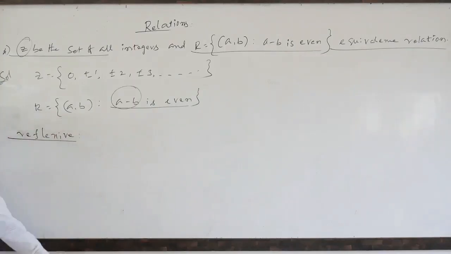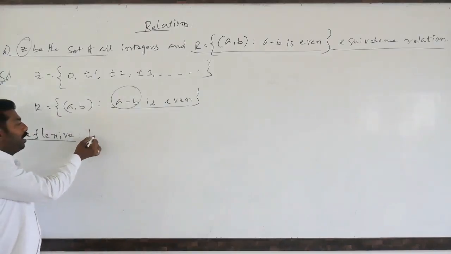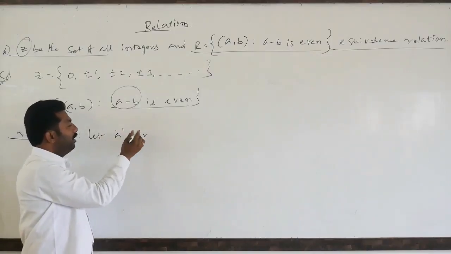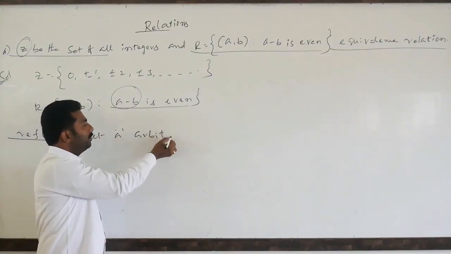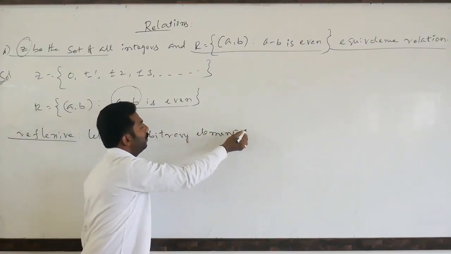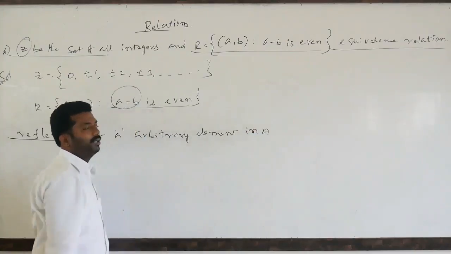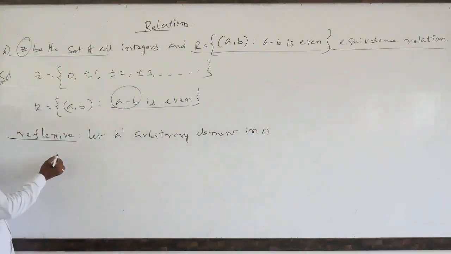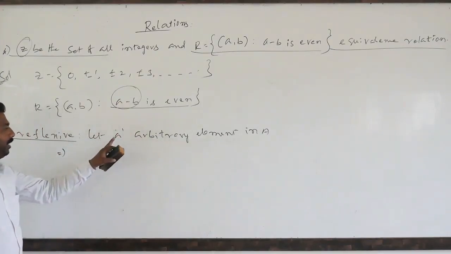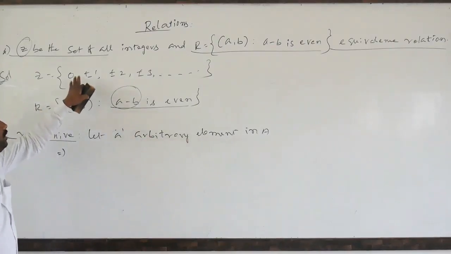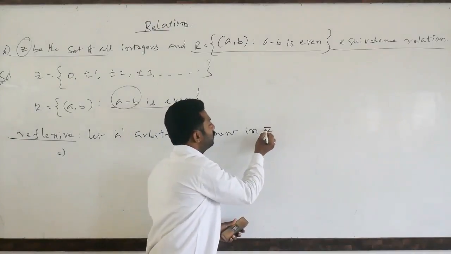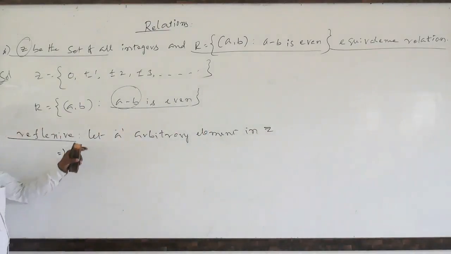See, the reflexive procedure: one arbitrary element we have to assume. Let A be one arbitrary element in capital E. Now we have to show that (A, A) belongs to capital R. A being one arbitrary element means one random integer we are selecting from Z, the integer set.